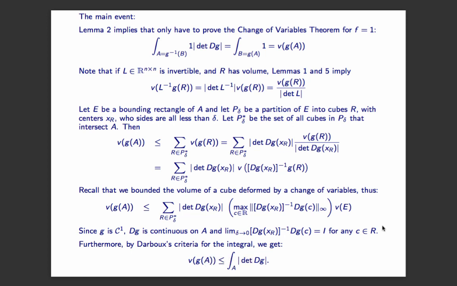Furthermore, by Darboux's criteria for the integral, we get that the volume of g of A is less than or equal to this right-hand side if I take the limit as delta goes to 0. So that would give me the integral over A of the absolute value of the determinant of dg.